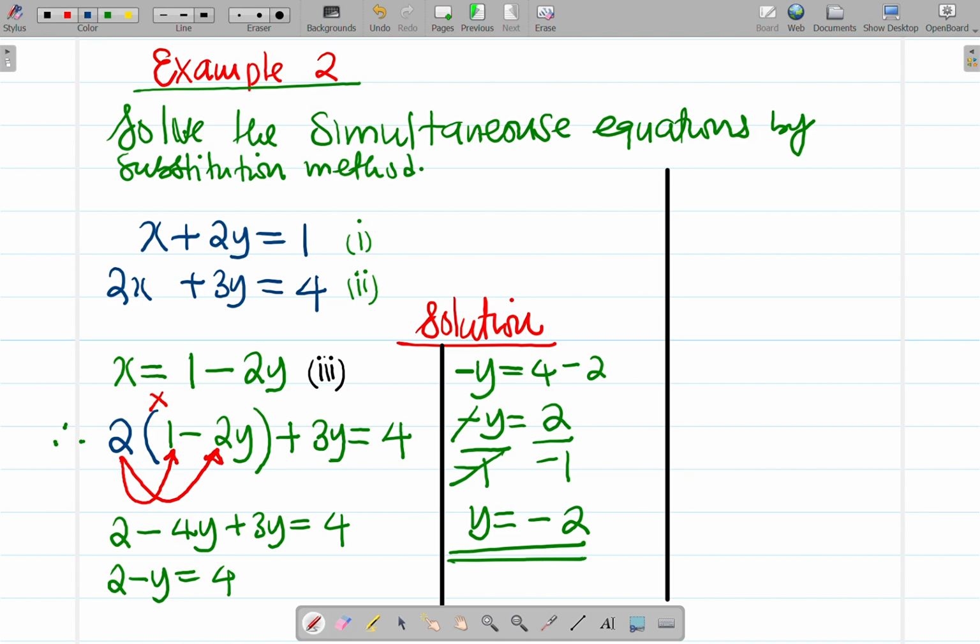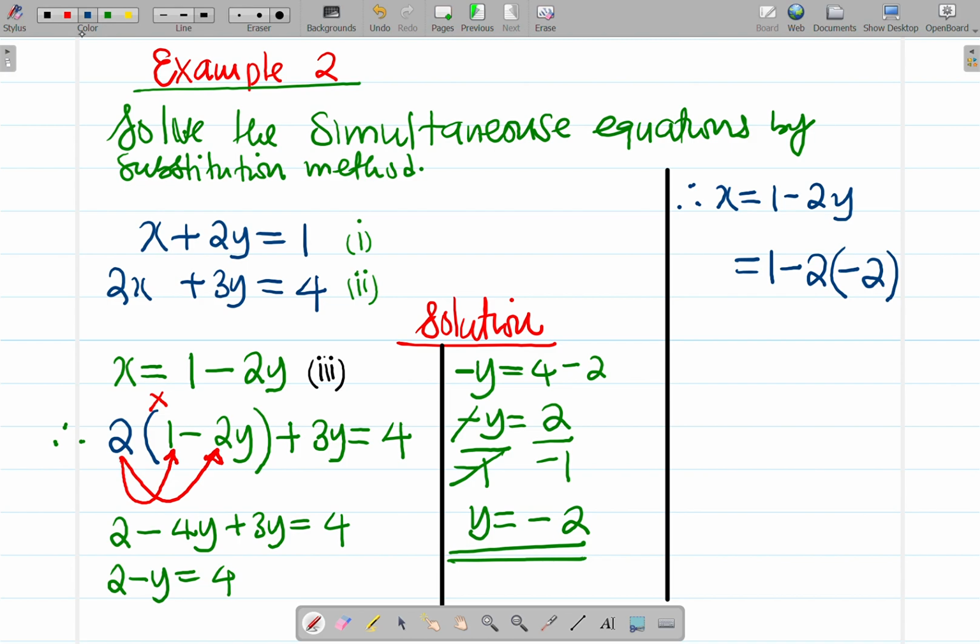I'll say therefore x is equal to 1 minus 2 multiplied by y. So this is going to give me 1 minus 2 multiply, now my y is negative 2.